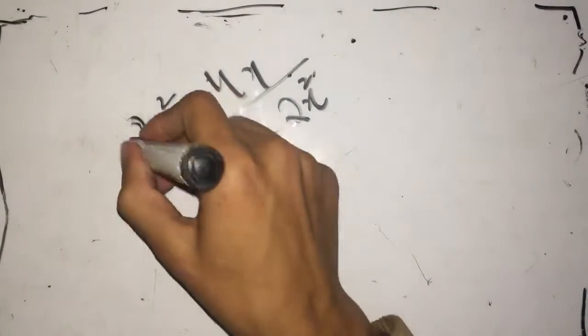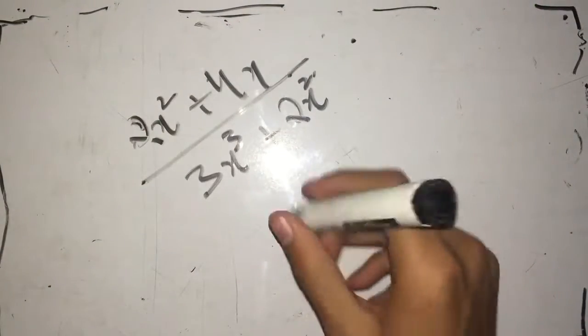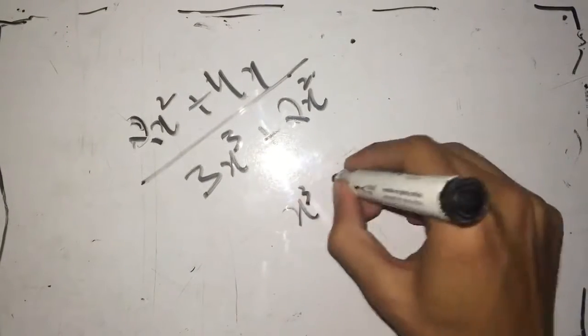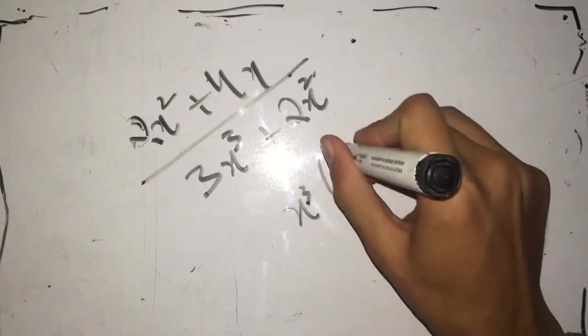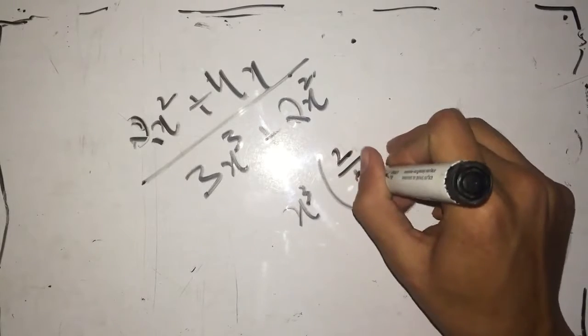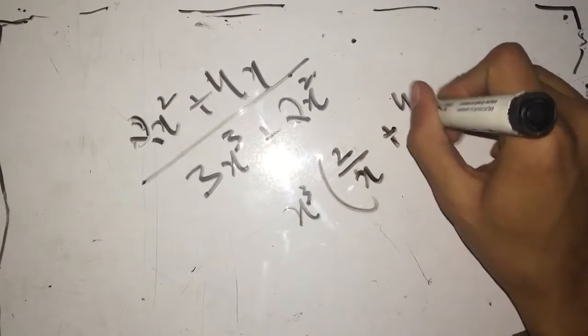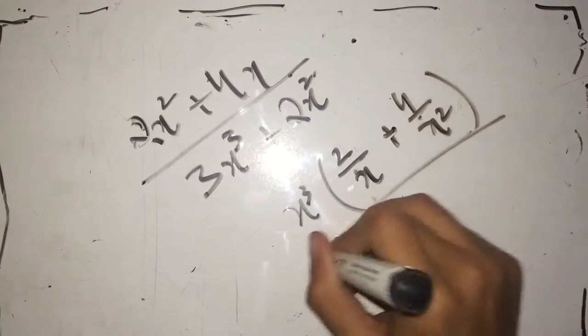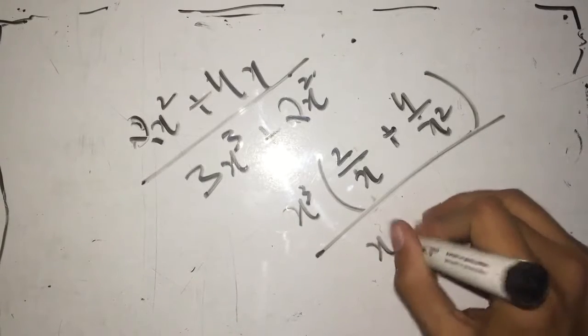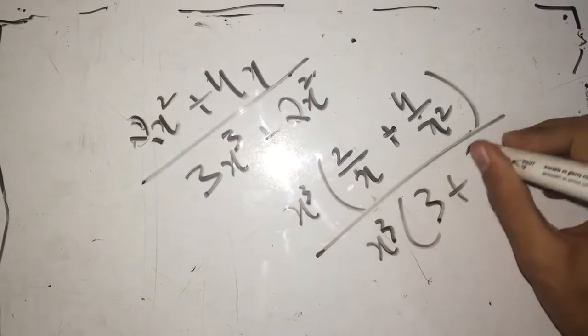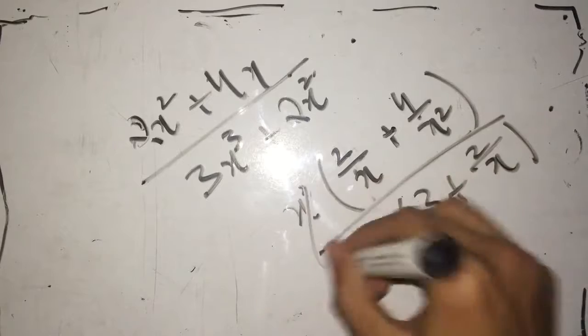In this case, it's actually going to give you 0, because when you take x cubed common, you get (2 by x plus 4 by x squared) divided by (3 plus 2 by x cubed). The x cubed cancels out.